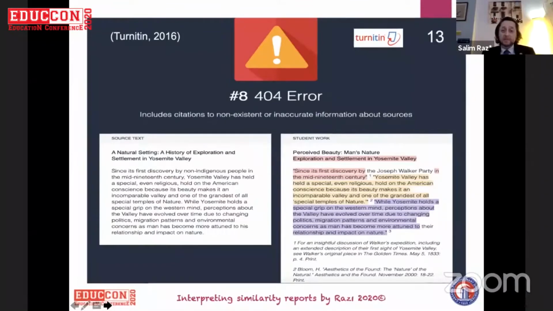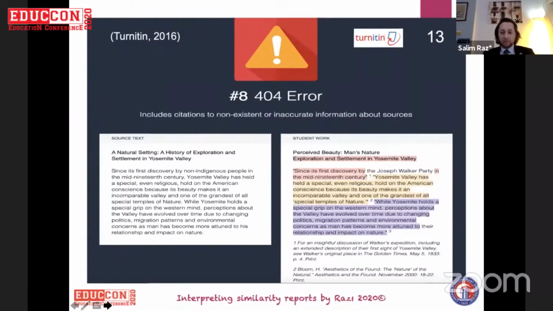What does it mean? It means that the student is now referring to sources which do not exist, or the student on purpose provides weak information or inaccurate information in the reference list for reference entries in order to prevent other people from tracking these sources.